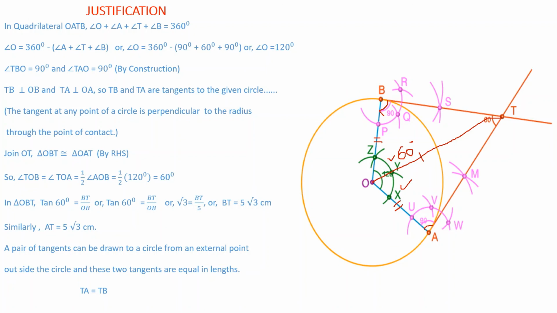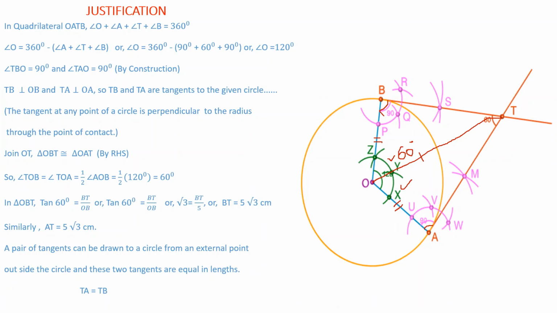So tan 60 equals BT upon BO, or OB you can say. So tan 60 is √3, BT we don't know, and BO is the radius of the circle. So BT is 5√3.